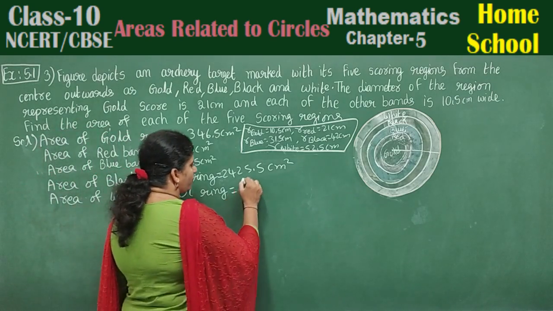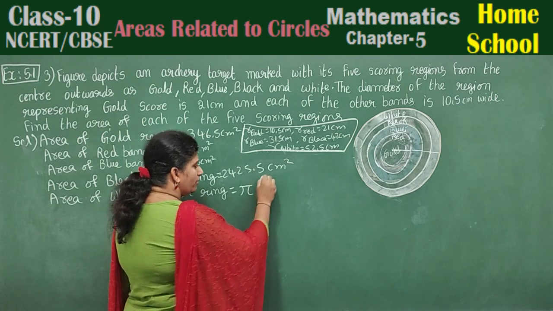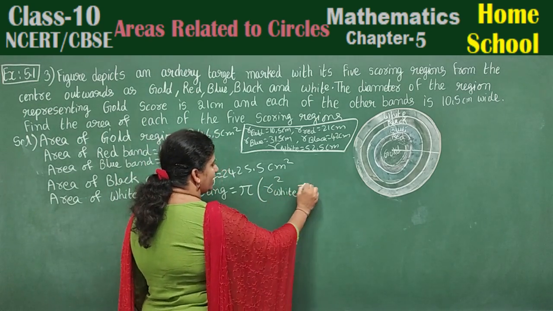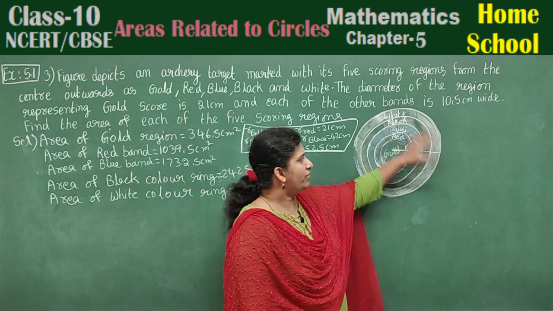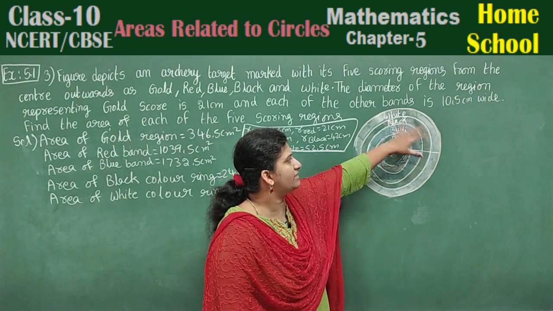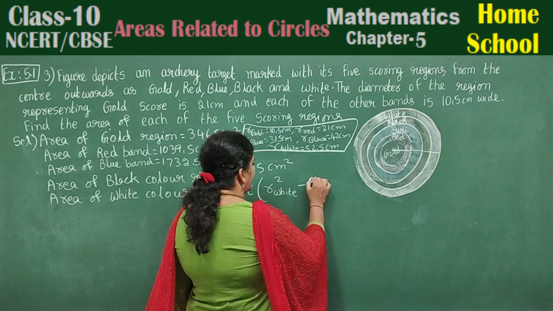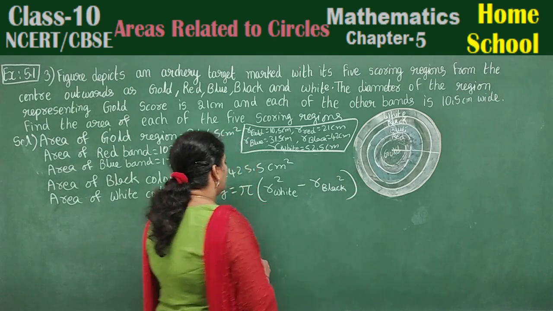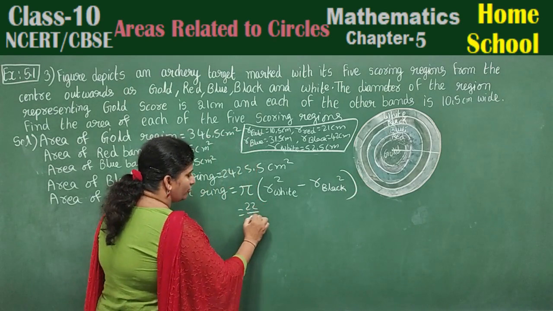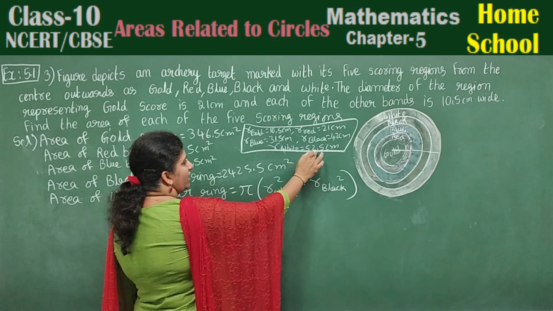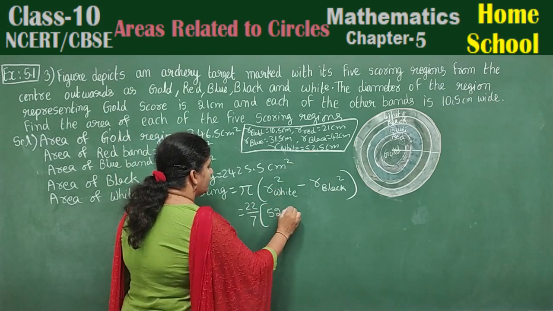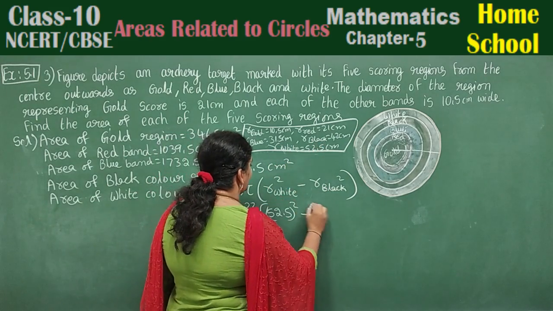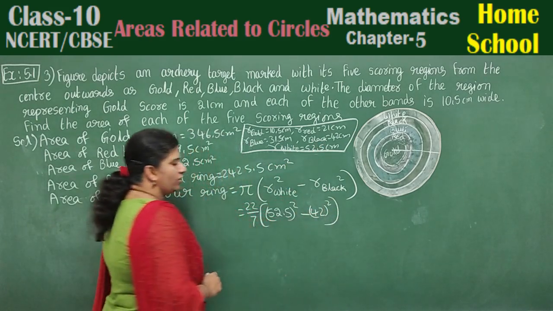That is equal to formula pi, radius of white square minus, before white, which color circle you can see? Black. Radius of black square. Okay. Pi value is 22 by 7. You know radius of white is how much? 52.5 whole square minus radius of black is 42 whole square. Okay.